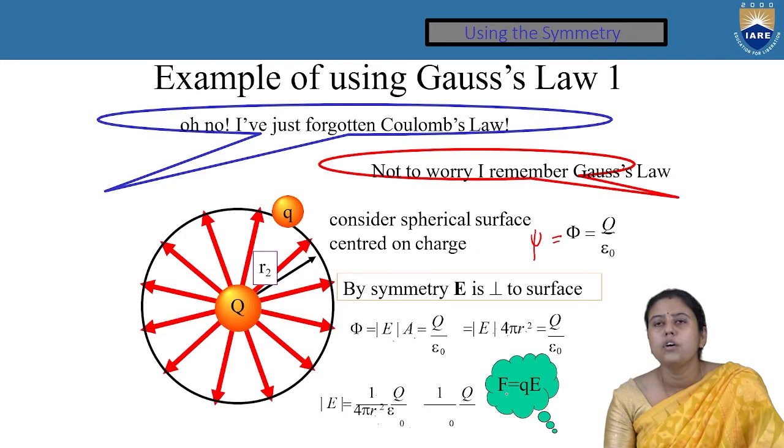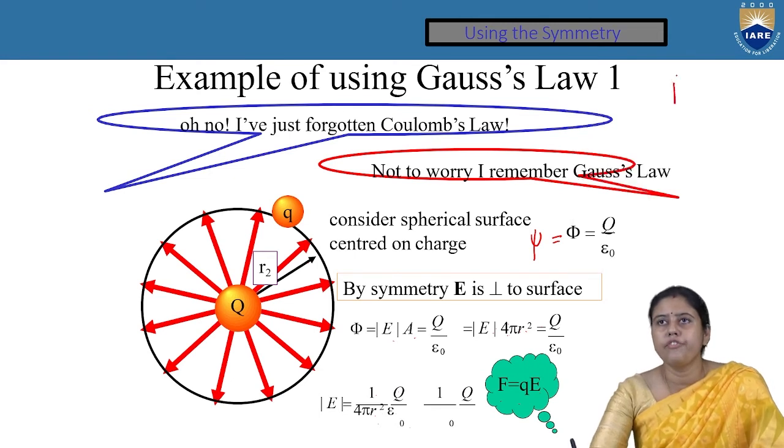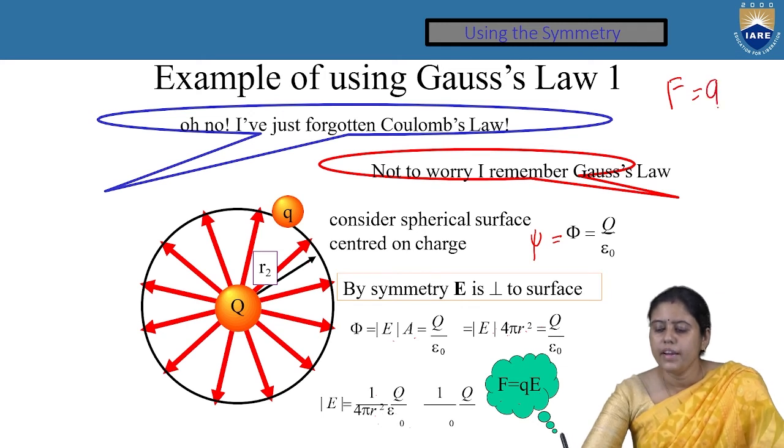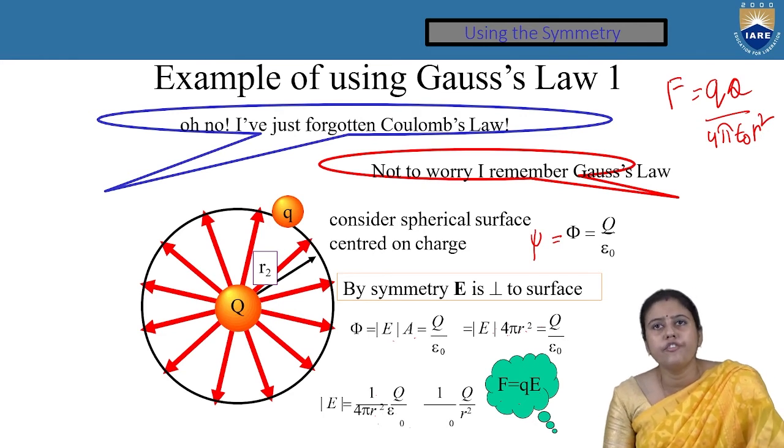What is Coulomb's law? Coulomb's law means force is equal to q into E. So force equals q by 4 pi epsilon 0 r square, and this is nothing but Coulomb's law. So this is the first application. From the Gauss law we can derive Coulomb's law.